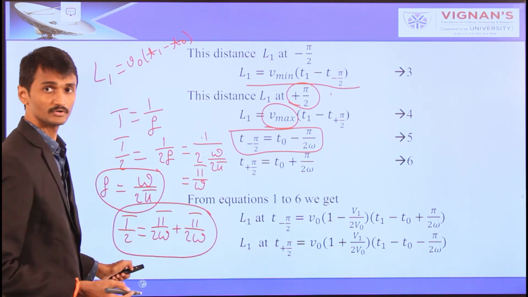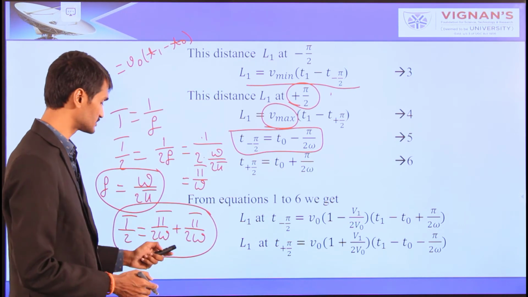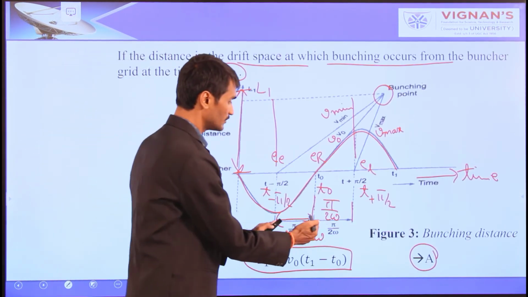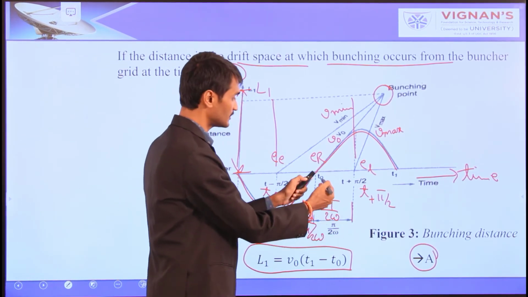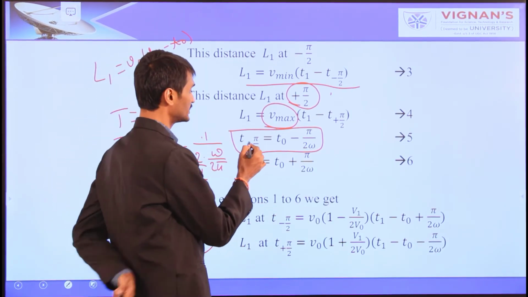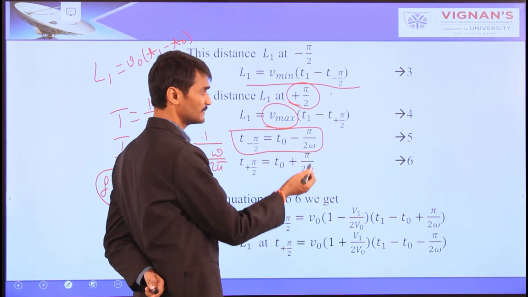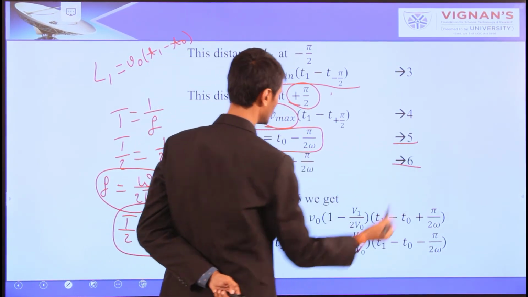This T by 2 distance, half cycle, will be divided into pi by 2 omega distance and pi by 2 omega distance. It is centered at T naught. So this is T at minus pi by 2 equals T naught minus pi by 2, T at plus pi by 2 equals T naught plus pi by 2, that is equation 5 and equation 6.